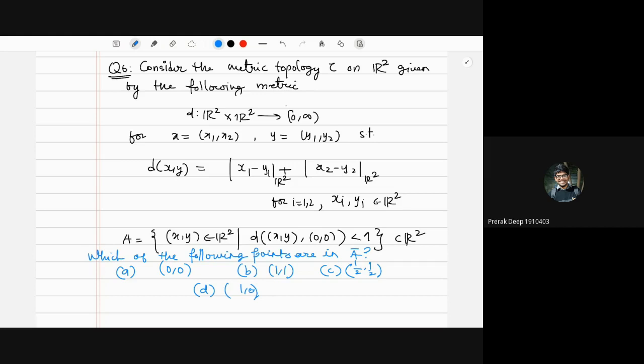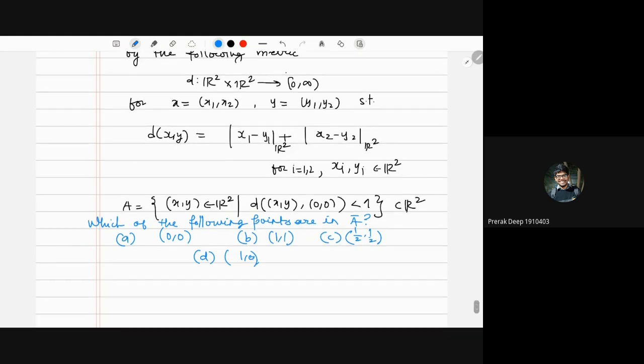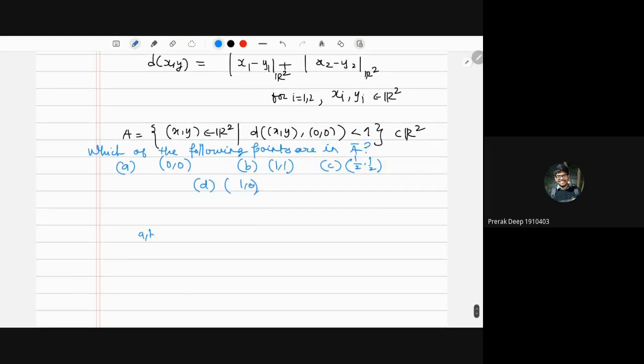The length of that point is given by the norm on R2. So this is not the metric, this is basically the norm on R2. And how do you define a norm in R2? The norm on R2 of a point (a, b) is nothing but, not a square plus b square, it is a minus b whole square.